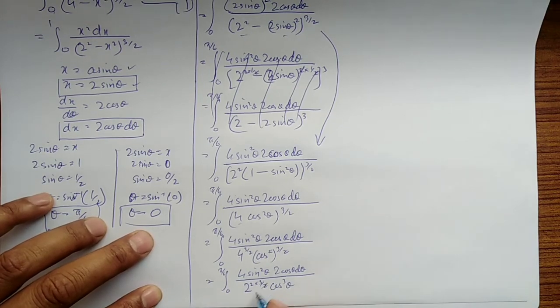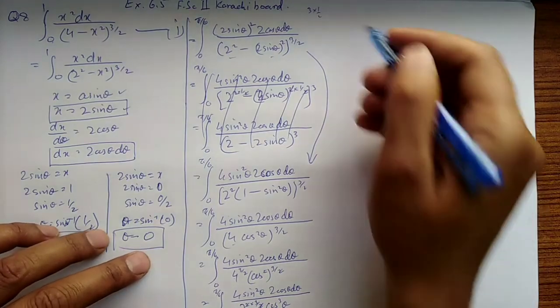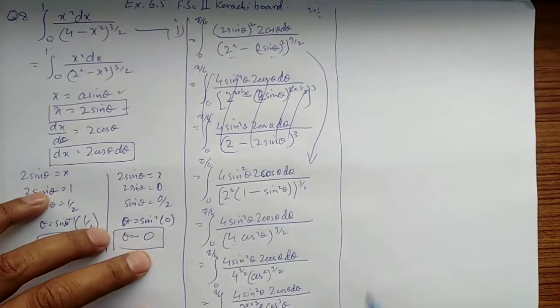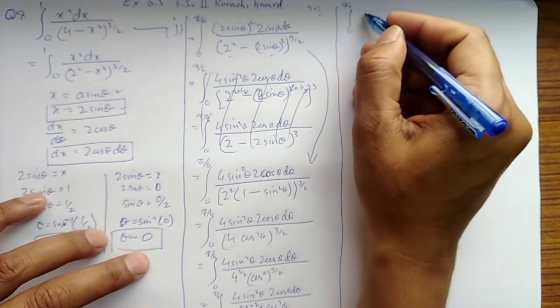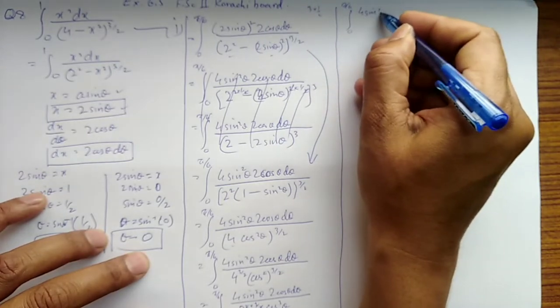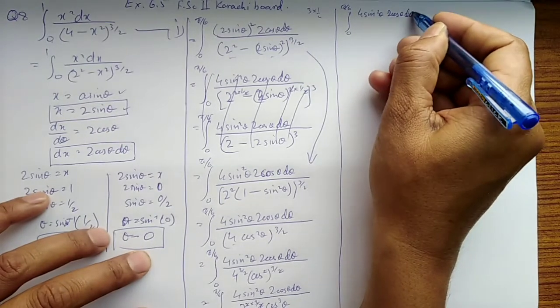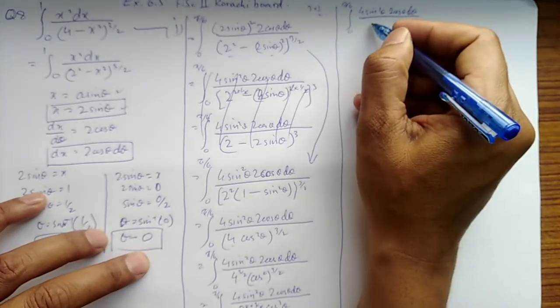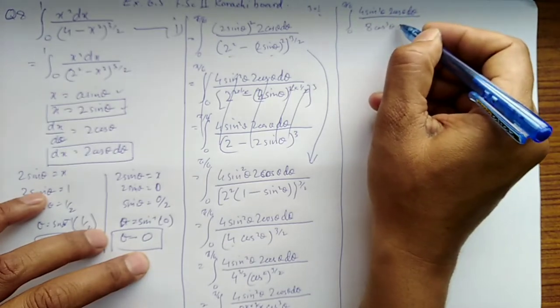So I will have 8 in the denominator. That will be pi upon 6, 0, 4 sine square theta 2 cos theta d theta, whole divided by 8 cos cube of theta.